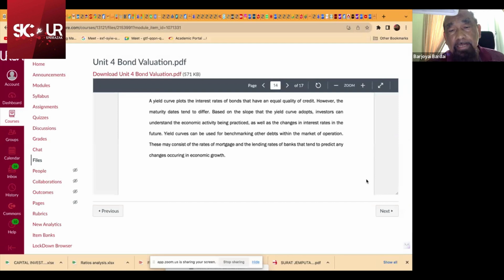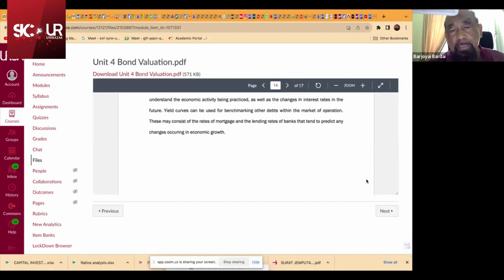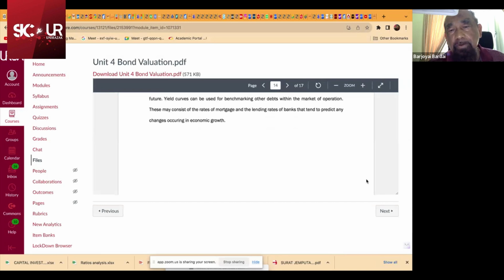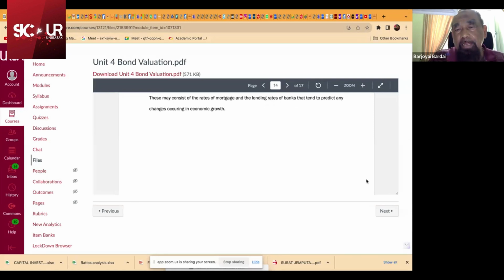And the yield curve can be used for benchmarking other debt within the market of operation. This may consist of the rate of mortgage and the lending rate of banks that tend to predict any changes occurring.